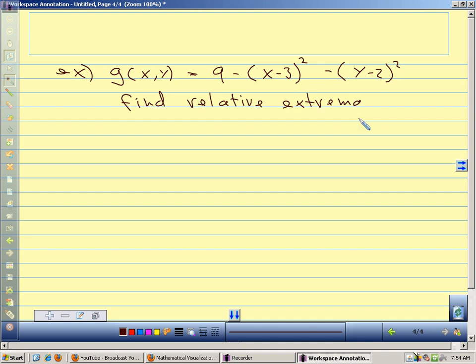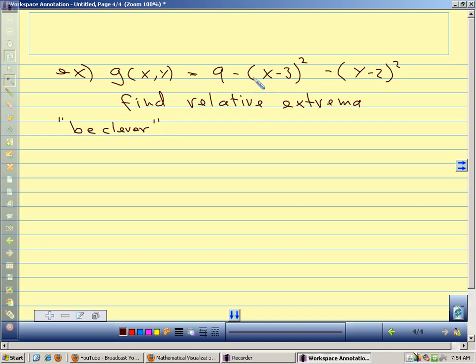Now, before we start calculating, before we start using our partial derivatives, I'm going to borrow a line from your book from last year. Let's be clever. So let's look at this function. Look at the form of the function. What is the largest value this function can take? John says 9.